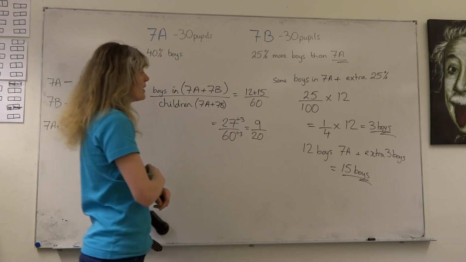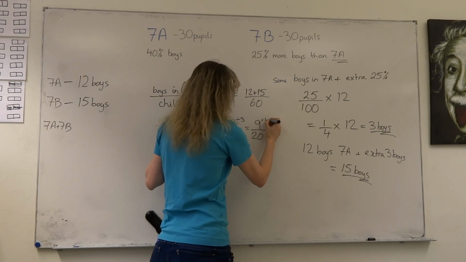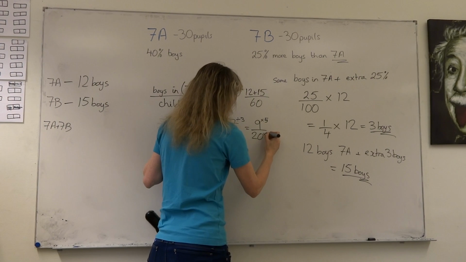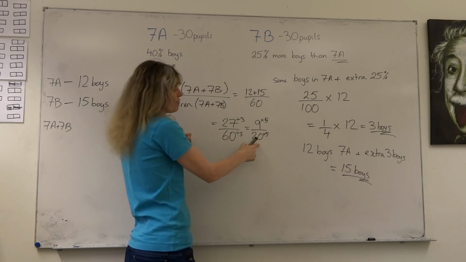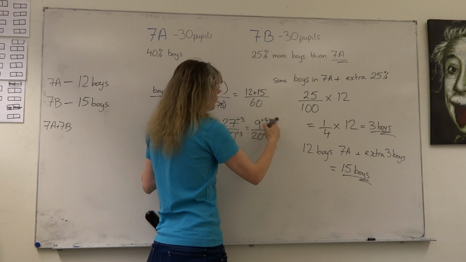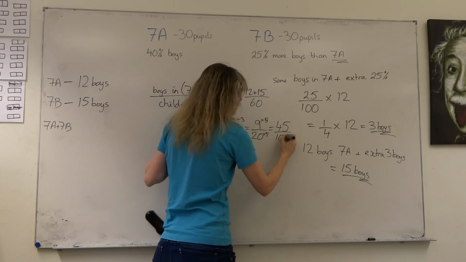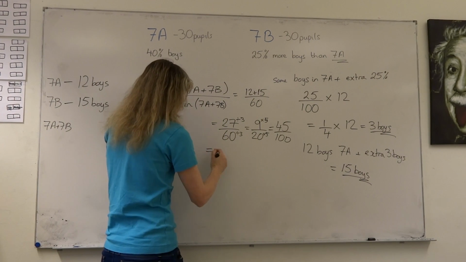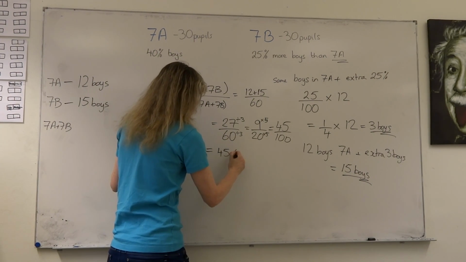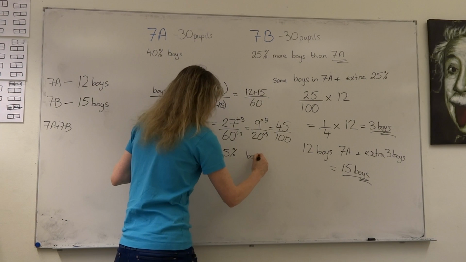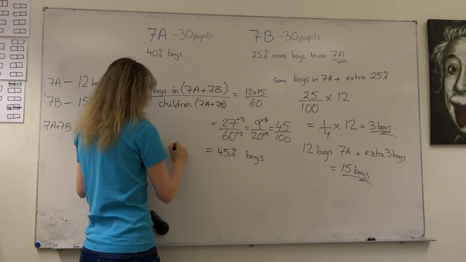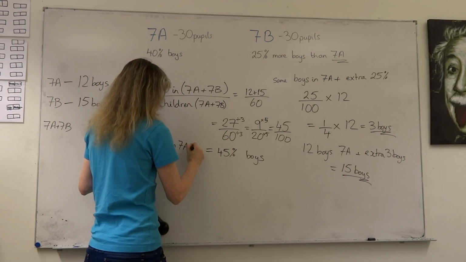Now we can change this quite simply to percent by multiplying top and bottom by 5. We get 100 down here, and that's really what we'd like to get. 9 5s are 45. 20 times 5 is 100. So in 7A and 7B in total, there should be 45% boys.